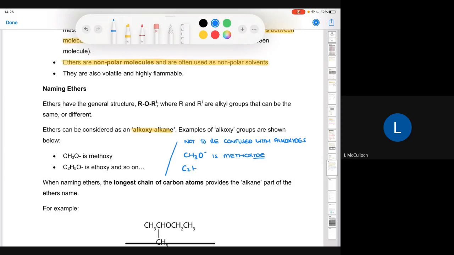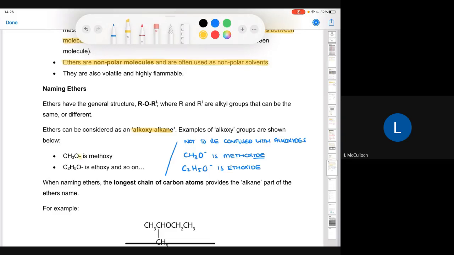And then C2H5O with a negative charge on it is ethoxide. Okay. Now we make ethers by reacting with alkoxides, okay? But just try not to confuse the groups.